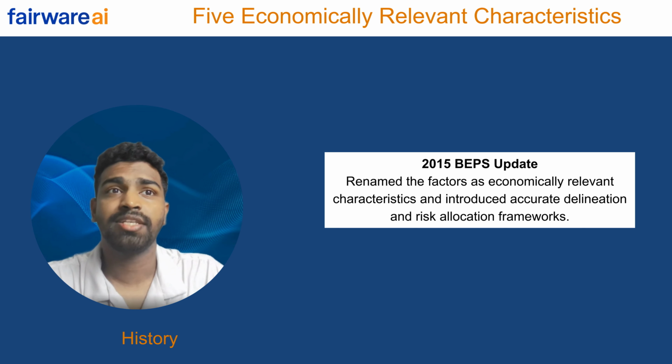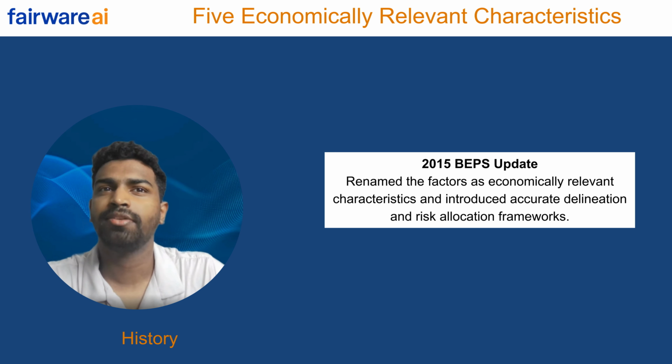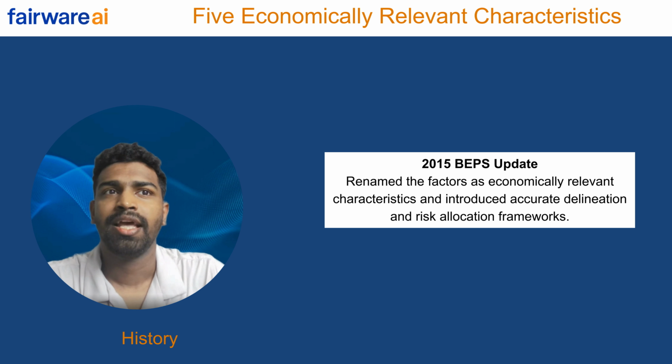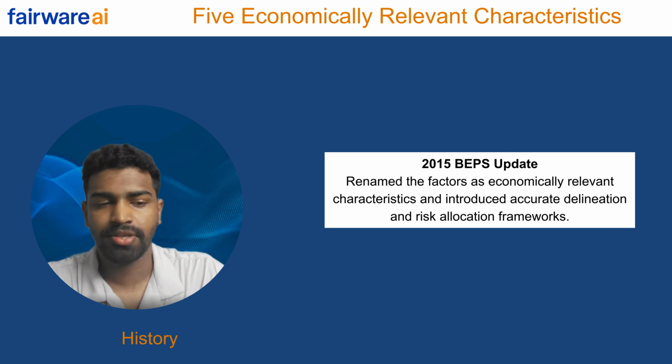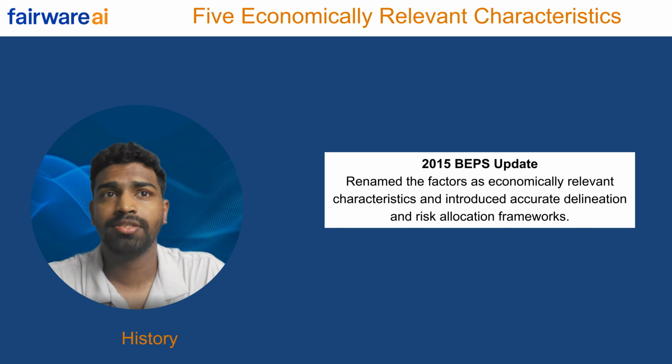And then comes the six-step risk framework. They introduced a six-step process to analyze risk. You have to identify the risk, see who assumes the risk in the contract, and then critically perform a functional analysis to see who actually controls the risk. This also had a major impact on how transfer pricing worked.